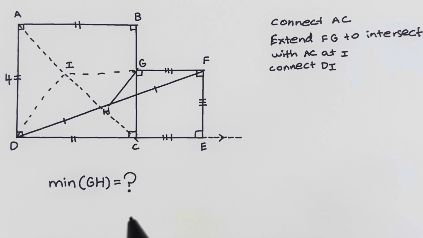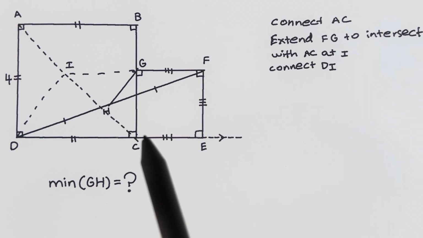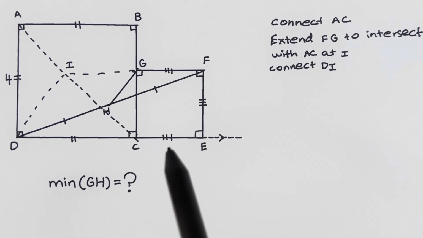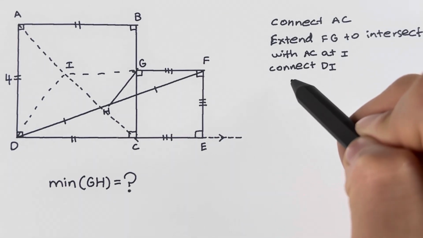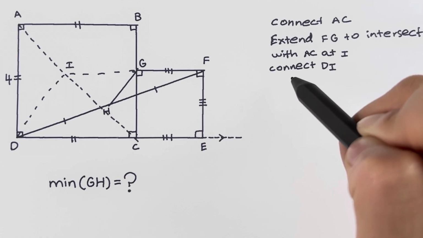Because from a point to a line, the shortest distance is going to be the perpendicular line. So that will be how we could solve this problem. But first, we need to prove that HG is going to be the midsegment. And to do this, we have to use the properties of squares.